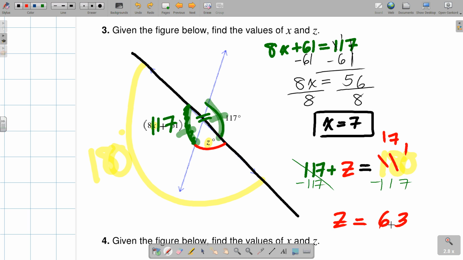And we get 63 there, which means this is 63. You see how that works?